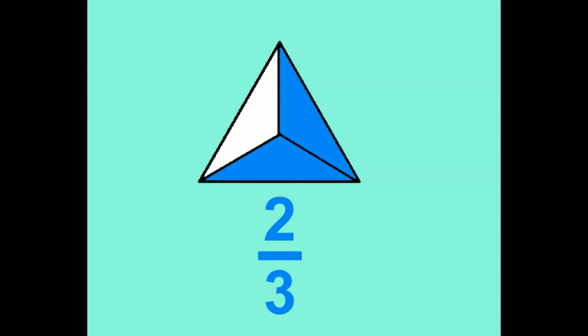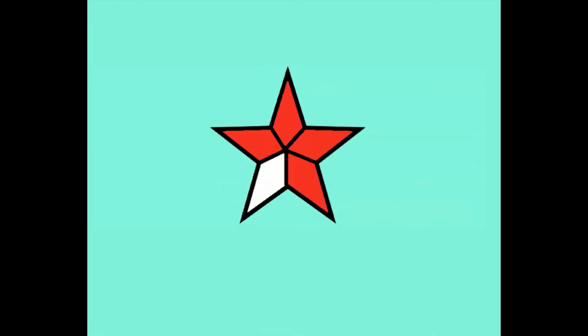The answer is 2/3. 2/3 of the triangle is in color. This star is divided into 5 parts. 4 of them are colored in. The answer is 4/5. 4/5 of the star is in color.